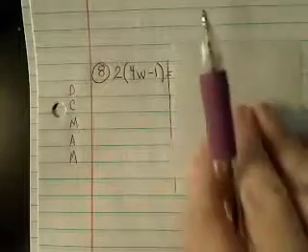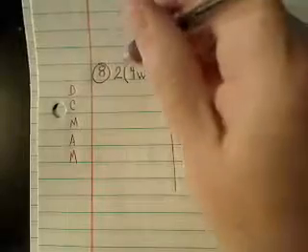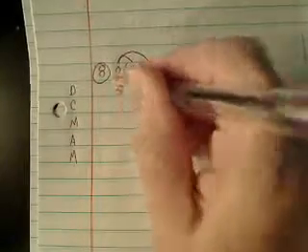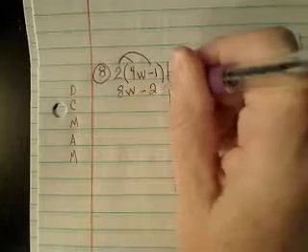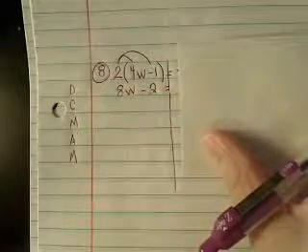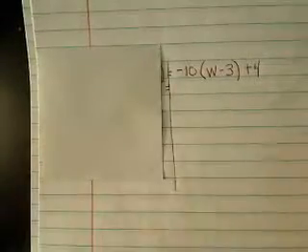So first we're going to do the distributive property on this side. You're going to multiply whatever's in front times each term on the inside. So that gives me 8w minus 2 equals. Okay, now I'm going to go to the other side of the problem, and I'm just going to do the distributive because I'm on step 1.